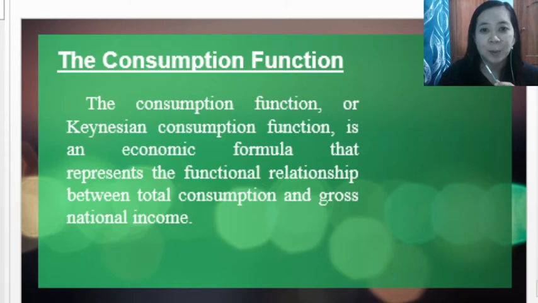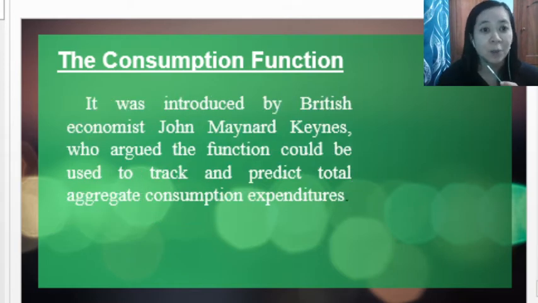It was introduced by the British economist John Maynard Keynes. That's why in the first slide, if you still remember, this term is associated with the economist who introduced the concept. He argued that the function could be used to track and predict total aggregate consumption expenditure.